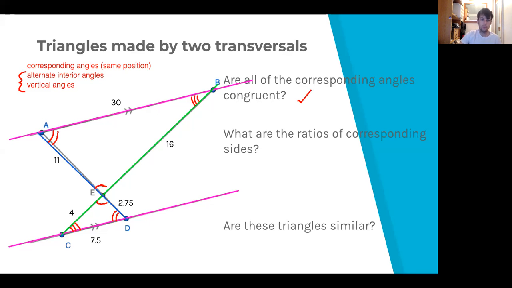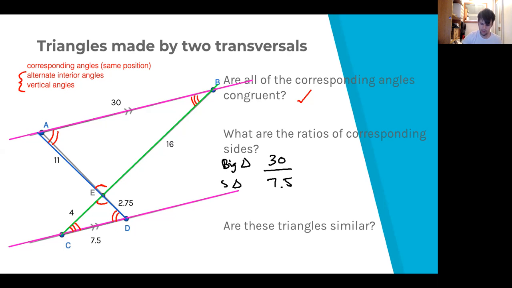Let's now also compare all the ratios. Fortunately for us, we've actually already color-coded it for ourselves. Let's just write the ratios. I'm going to do the big triangle on top and the small triangle on the bottom, just as a reminder for myself. So I'm doing 30, which is this side, corresponds with 7.5.